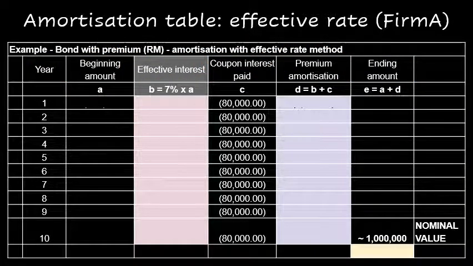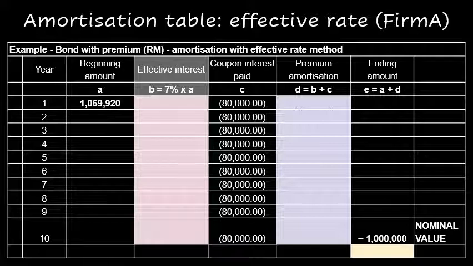So if we take the calculated value of Firm A's bond just now, we will start with the beginning amounts of 1,069,920 ringgit. Then from this amount, we can calculate the interest expense at the end of the year of 74,894.40 ringgit.